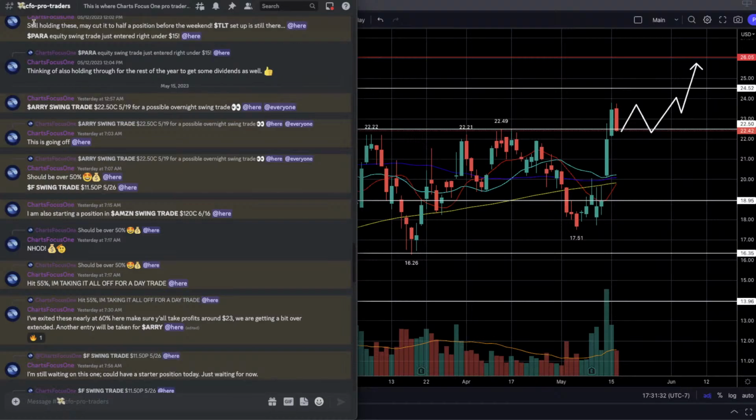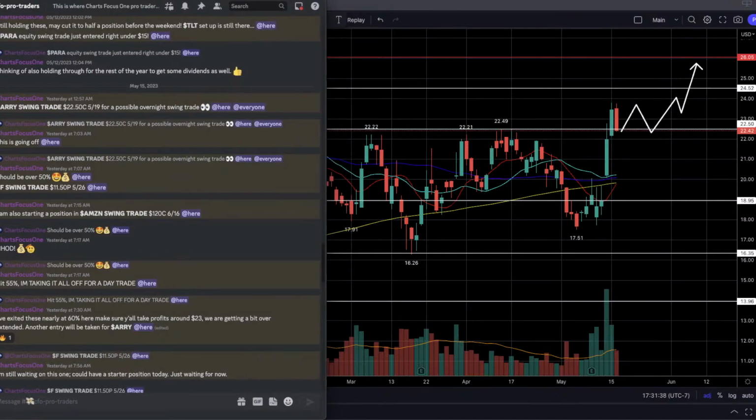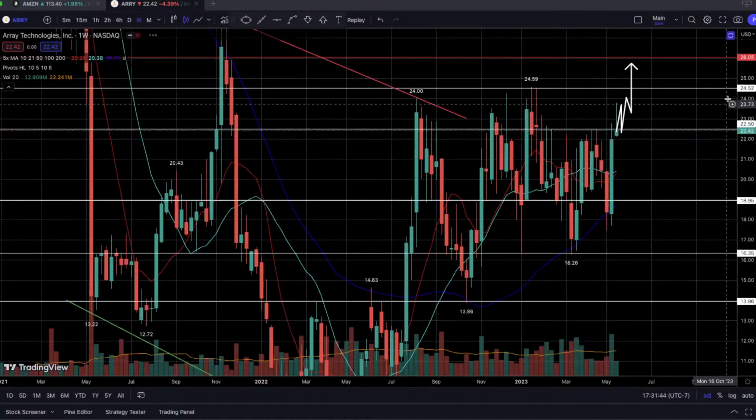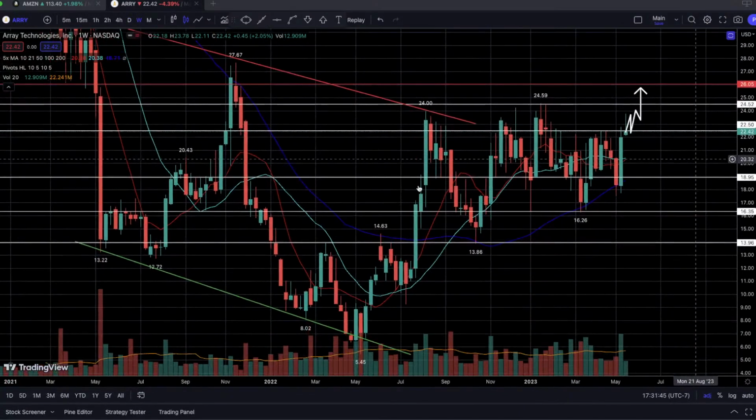And I sent in a chart analysis on Sunday morning, as I picked ARRY because of one big fat reason. If we take a look at the weekly time frame, we have this huge base that extends all the way back to August.